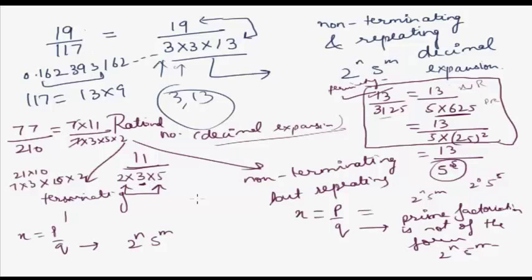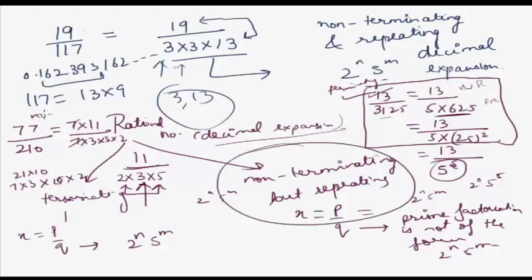So apart from 2 raised to power n and 5 raised to power m, we have another prime, 3. So we can say that it will be of the second type, that is, non-terminating and repeating decimal expansion.